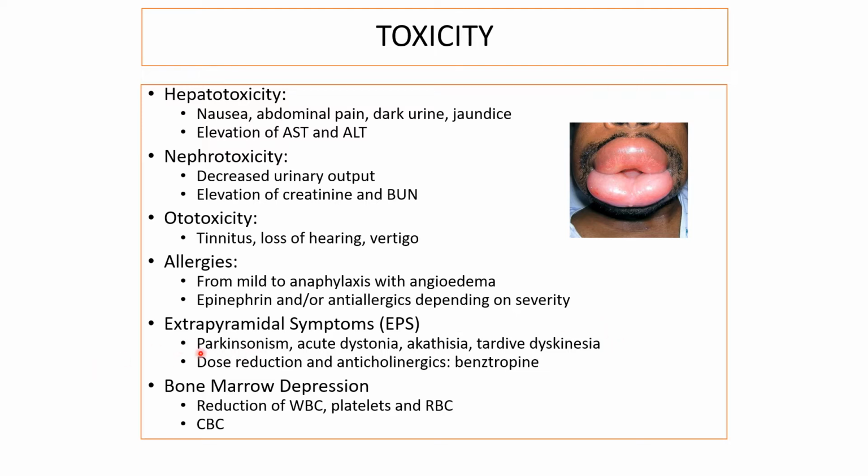And then the person can present something like Parkinson's disease, can present torticollis, open mouth, deviation of the eye, acute dystonia, restlessness and continuous movement, the akathisia, and even lip movement, abdominal movement that are the beginning of the tardive dyskinesia. It's very important that you know that sometimes those symptoms can be managed just by reducing the dose of the medication and using the antidote of the toxicity, which is the benztropine.